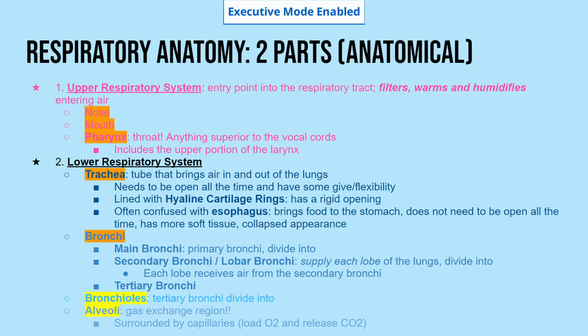And then after bronchi, you reach the bronchioles. And after the bronchioles, you reach the alveoli, which are like the little grape-like structures at the outside of the lungs. And this is where gas exchange occurs. Those are surrounded by a lot of capillaries, so the blood can get really close to them, so gas exchange can go in and out of the blood easily.